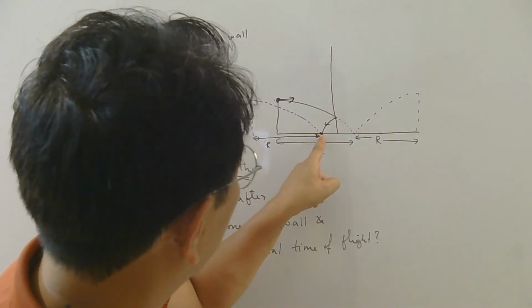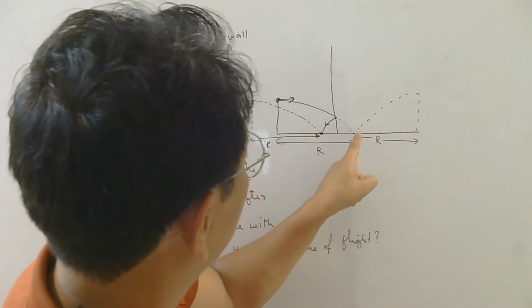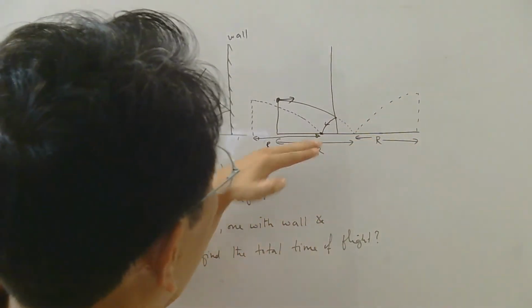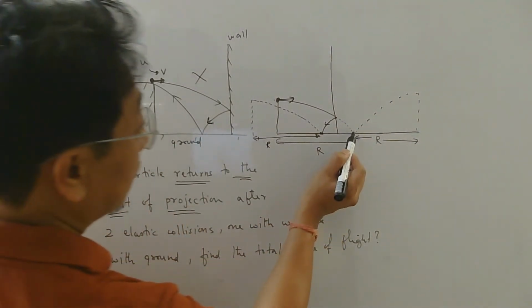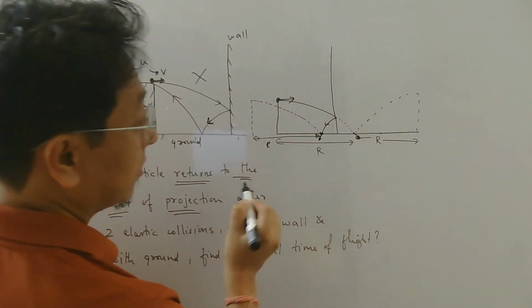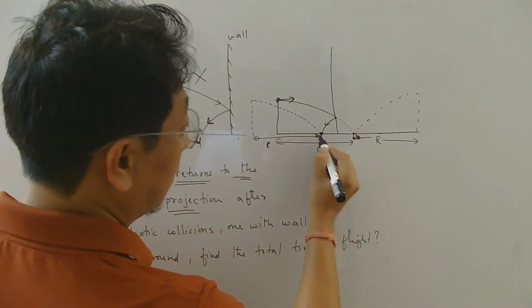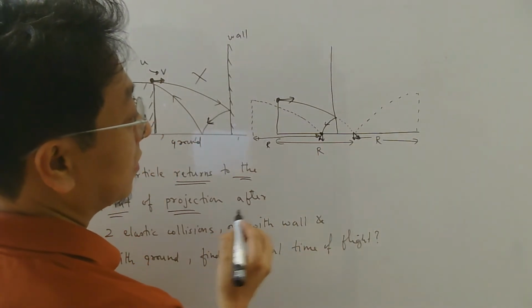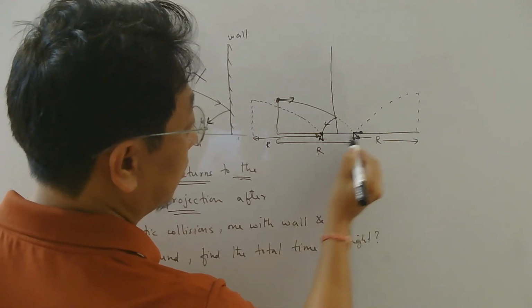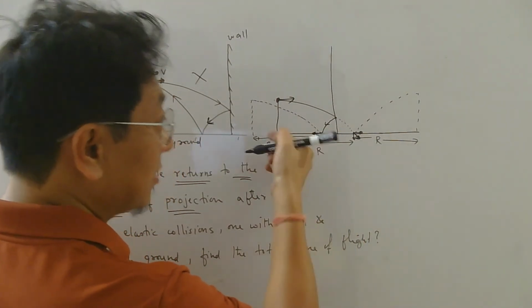So from here, the path will look symmetrical to this path after collision with the floor, because whatever velocity it has here, the same velocity it has here, but at the opposite angle. Whatever y component it has, the same y component it has, and whatever x component it has, magnitude wise this also has the same x component but in this direction.